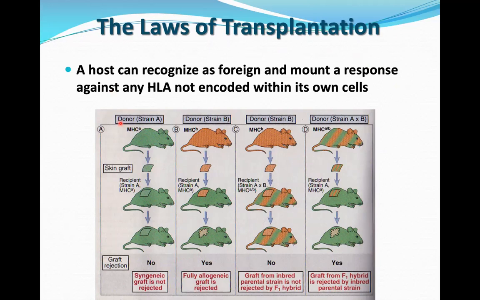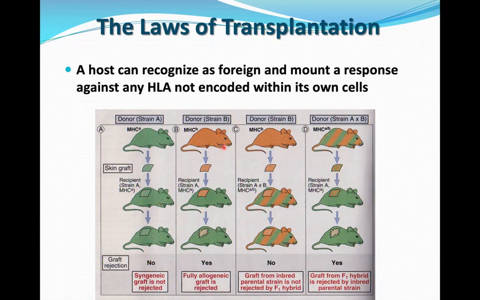So in the first panel, this is what we get when we do an autologous graft or a syngeneic graft. They take a bit of skin from this strain of mouse, strain A, and transplant it onto another mouse of the same strain, strain A. And you find that this engraftment takes and there's no rejection.